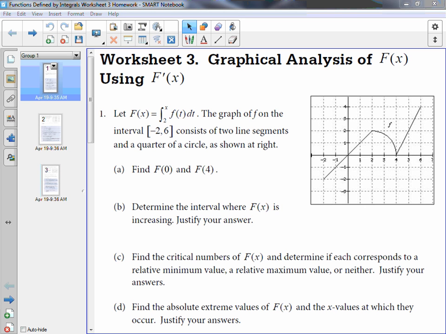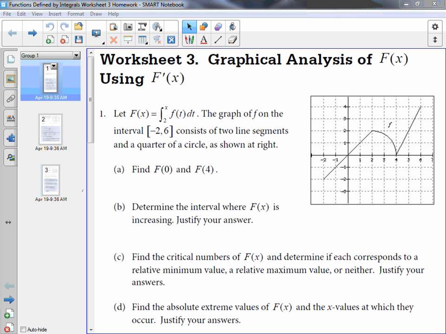Let capital F of x equal the integral from 2 to x of f of t dt. Does the 2 really matter? Not really, okay? Because as long as it's a constant, that means that we've got a function of x. Now, when does the 2 matter?